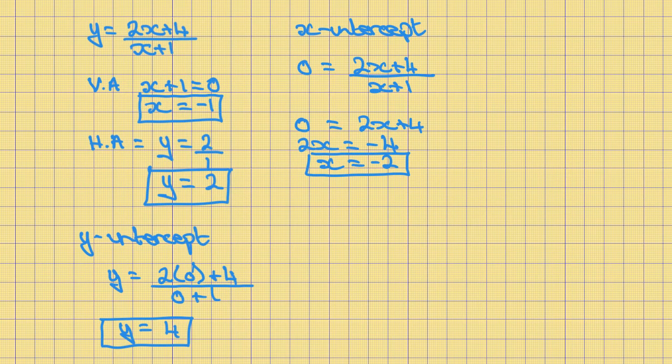Now we can sketch our graph. So let's draw our axes. Let's put in our asymptotes. So we've got a vertical one at x equals minus 1, and a horizontal one at y equals 2.